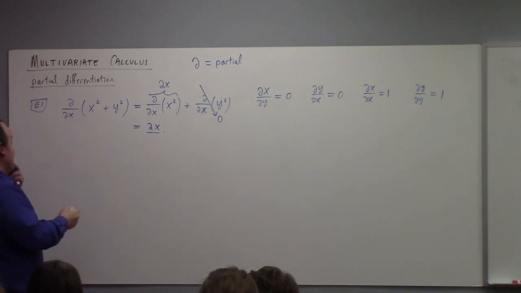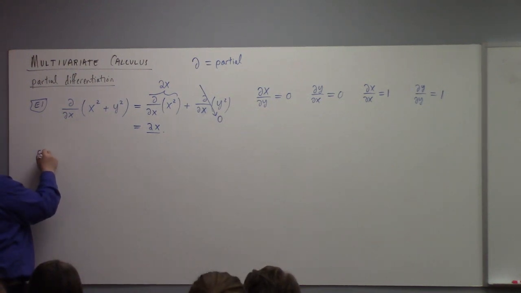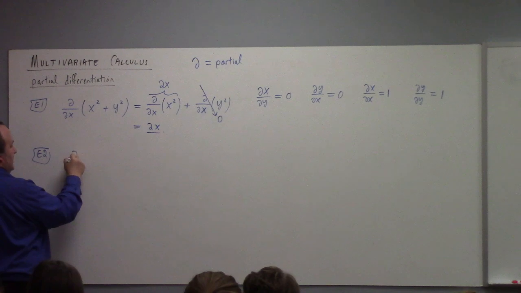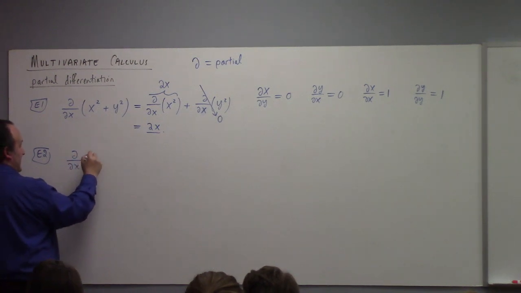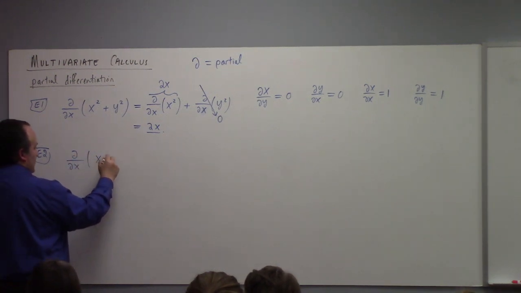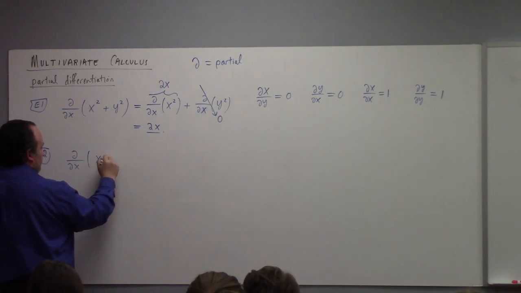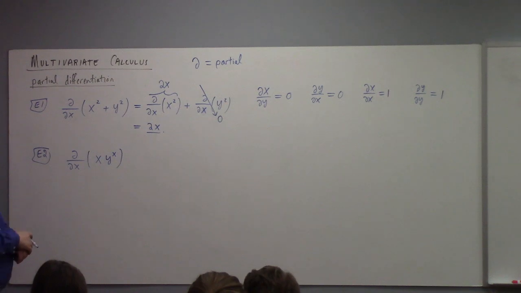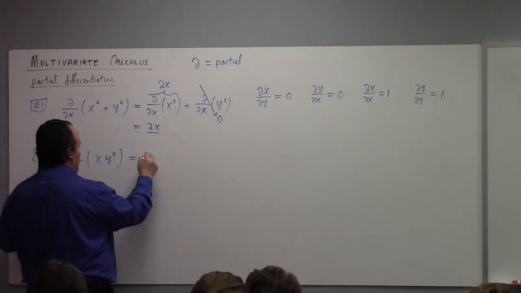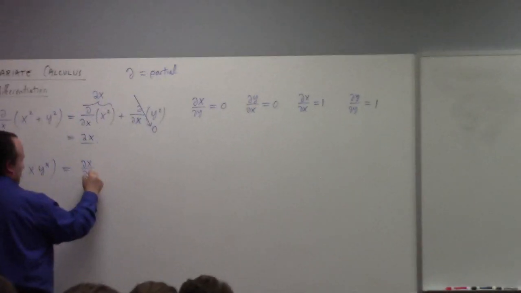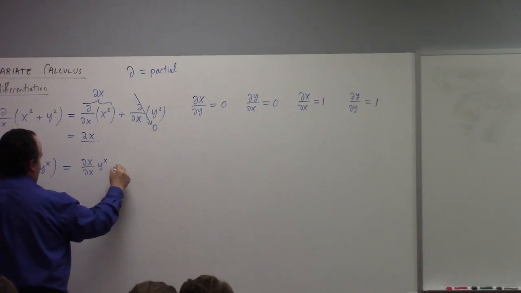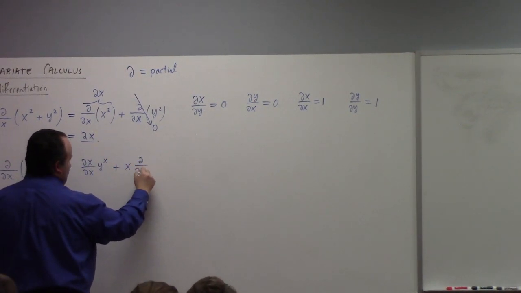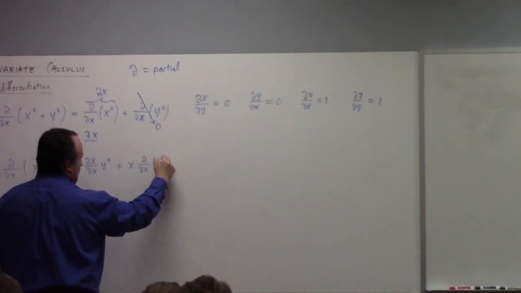You asked me, can we do products? Sure. For example, if I was to say partial derivative with respect to x of x times y to the power x, we could do that even. In this case, we do a product rule. We've got partial x of x times y to the x plus x times partial x of y to the x.